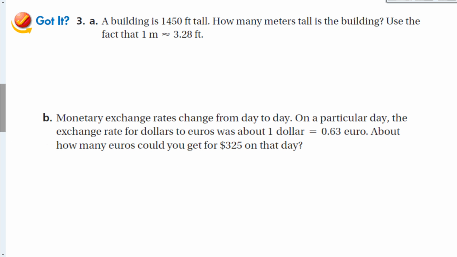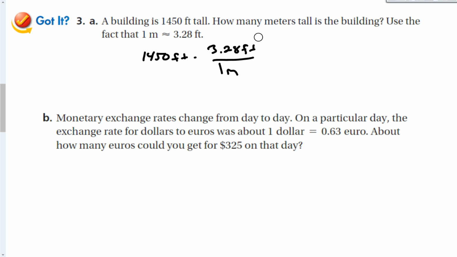Okay? So a building is 1,450 feet tall. How many meters is it? So same thing, start with 1,450 feet. We multiply by, now if I had done it this way, notice that the feet don't cancel. Feet times feet is feet squared.